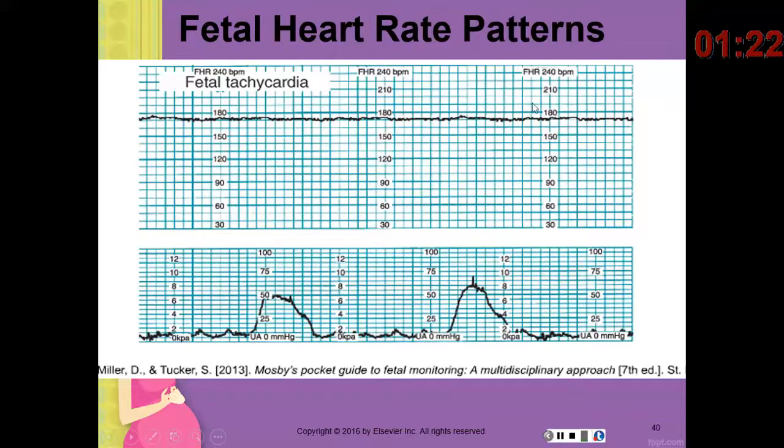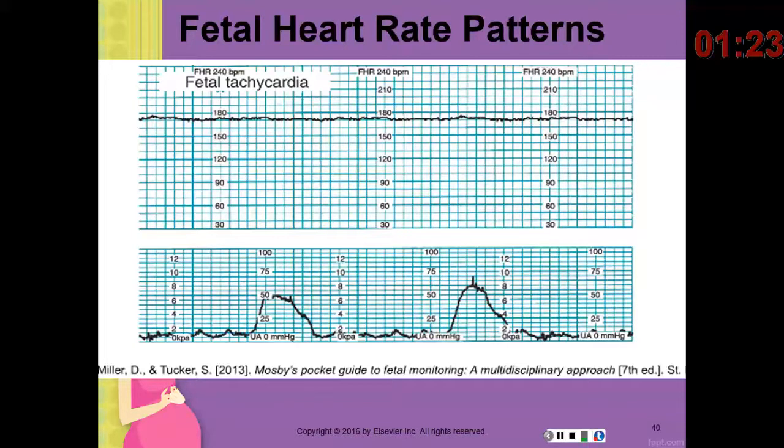And it's above 160. So that's fetal tachycardia. If I start seeing fetal tachycardia, what would I think about first? Probably maternal fever is going to be the first thing.